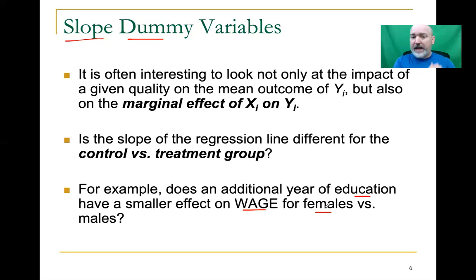That line was shifted down, but that's not where discrimination ends, right? It's a fair question to ask, right? Does an additional year of education have a smaller effect on wage for females versus males, right? Not only is your average wage lower, but the return on education might be lower as well. Well, the question now is, how do you include something like that in your regression model?